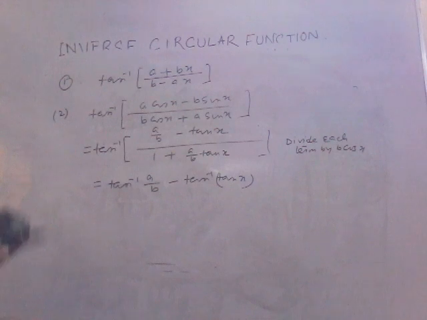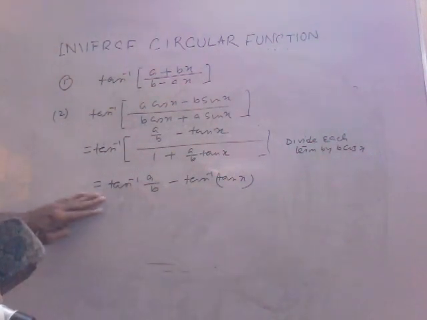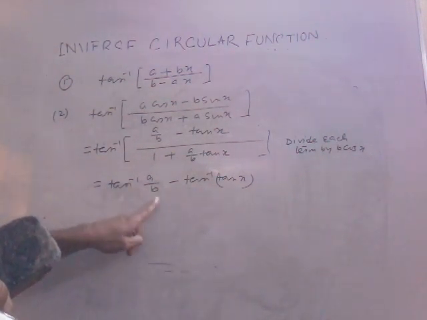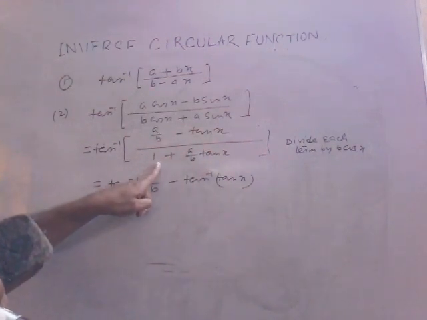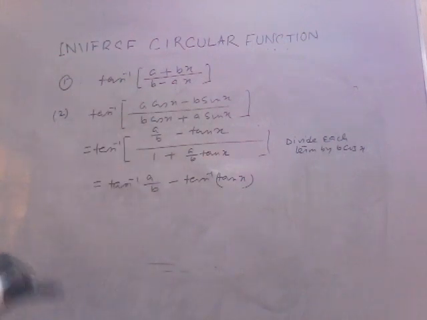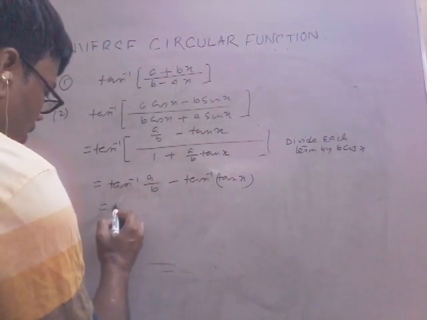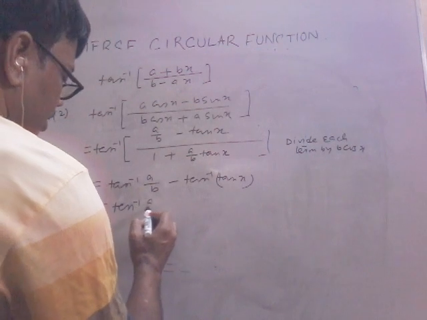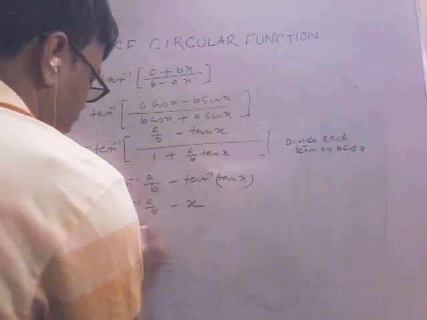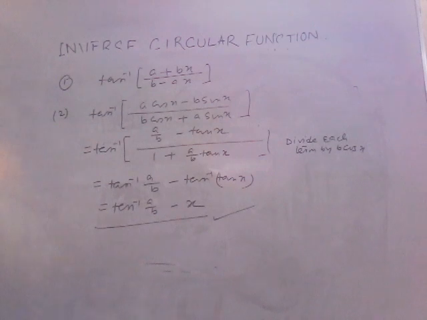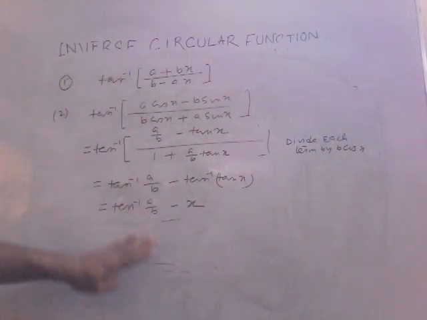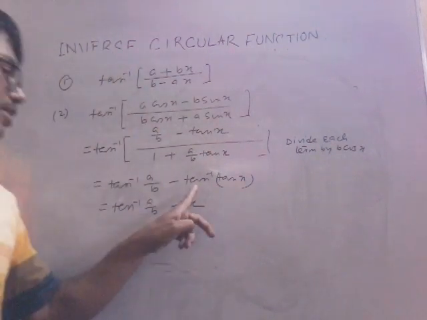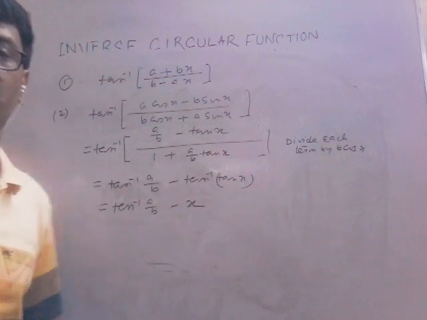Look, if you compare this one, see in the reverse case, tan inverse of x minus y by 1 plus x into y. Now what is the simplified form? Tan inverse a by b minus x. So look, very simple result. If you have to differentiate it, then what is dy dx? dy dx equals to minus 1.